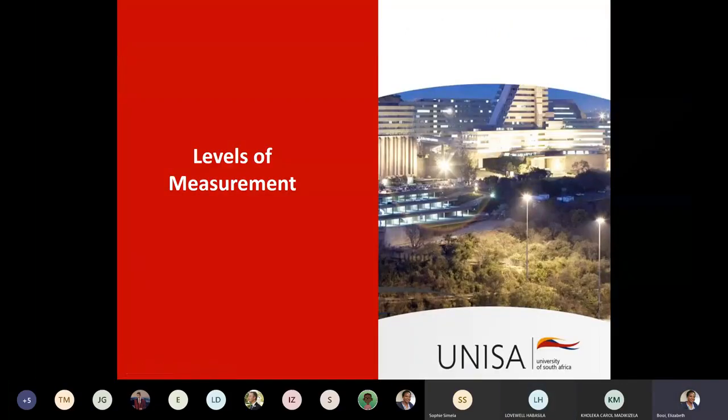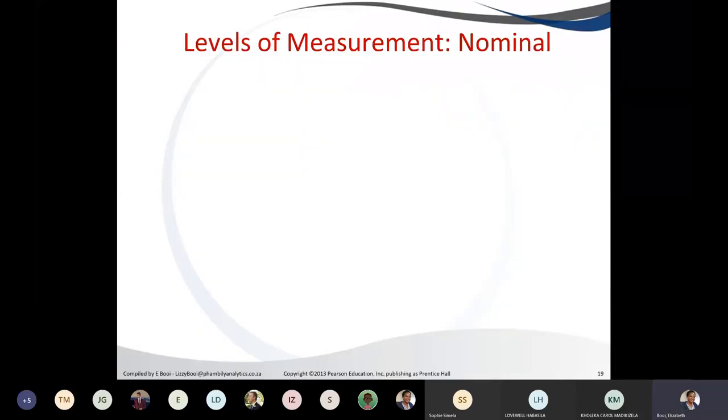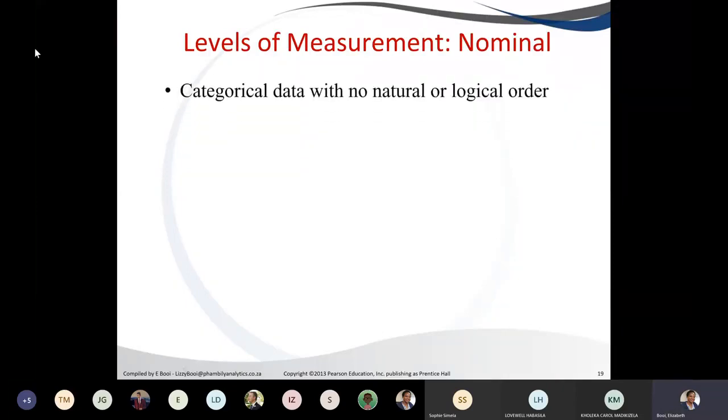So now, since we understand the two variables, qualitative or categorical and quantitative or numeric, let's understand the levels of measurement. Since we said categorical data is data that we can put into categories, data that does not have an order or rank, we call it a nominal level of measurement.